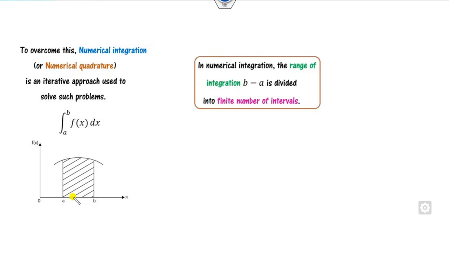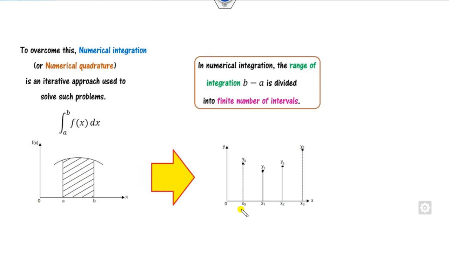How can you do it? We will discretize this domain, a to b, into a finite number of subintervals. Like if I divide this interval here, here, and here, I call this x0, this x1, this x2 and so on.